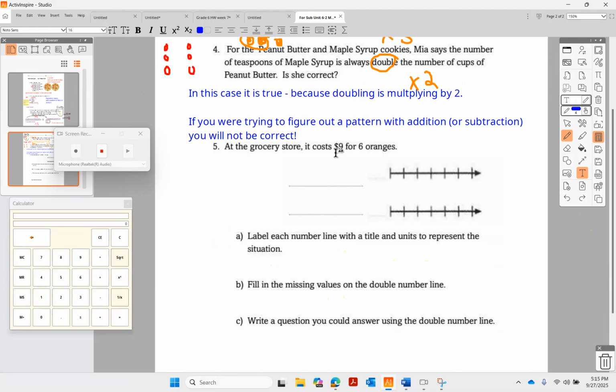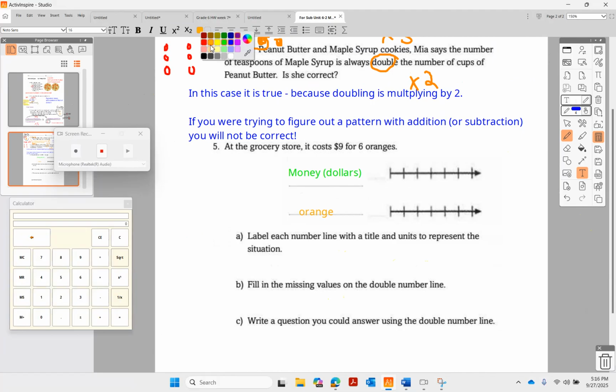Okay, it costs $9. So I'm going to make this one my money, my dollars. See, I did it in green? And then down here, I'm going to make this one orange for oranges. Look at that. So my first set of money, let's go back here to green.